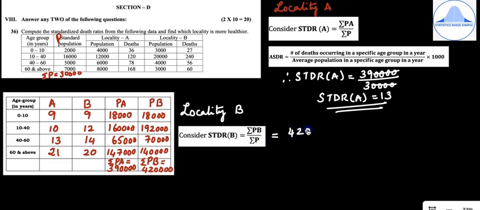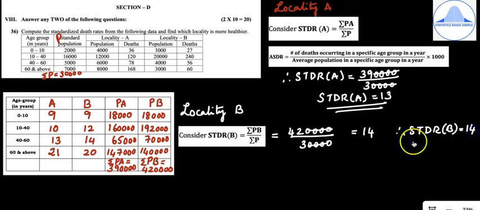So it is 4,20,000 divided by 30,000. So we get 14. Therefore, STDR of B is equal to 14.